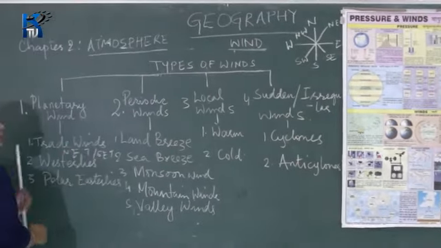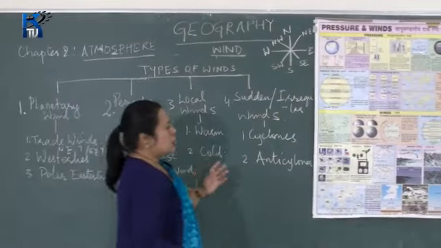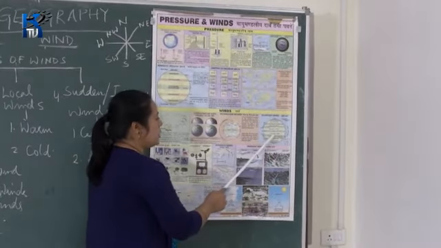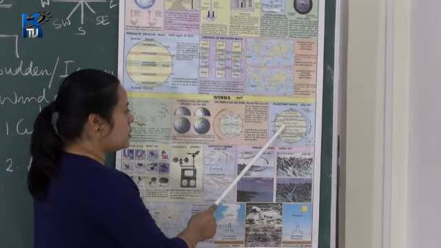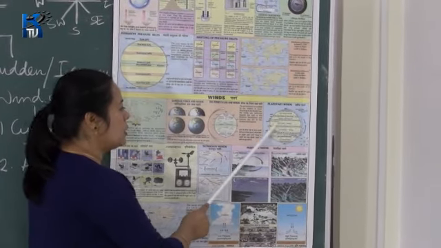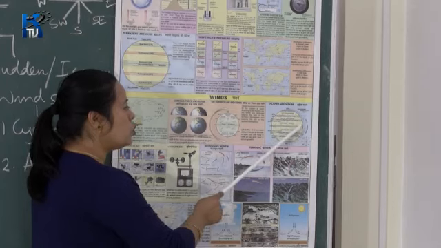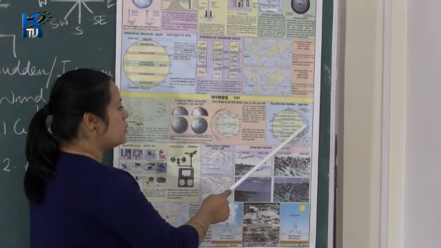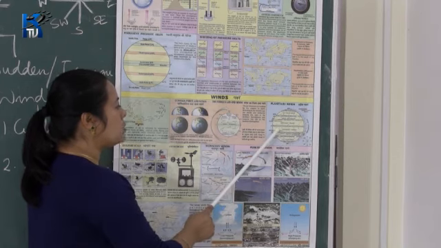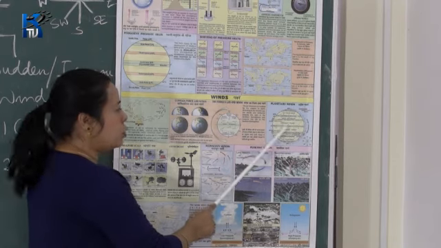There are 2 types of trades. In the northern hemisphere, they are known as northeast trades, and in the southern hemisphere, they are known as southeast trades. They converge in the equatorial low pressure center. Here between 0 to 5 degree latitude lies the equatorial low pressure.